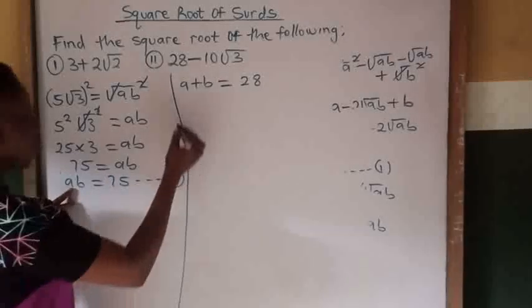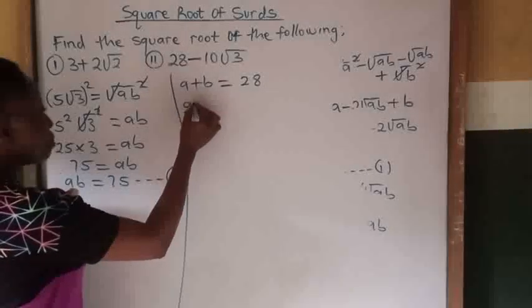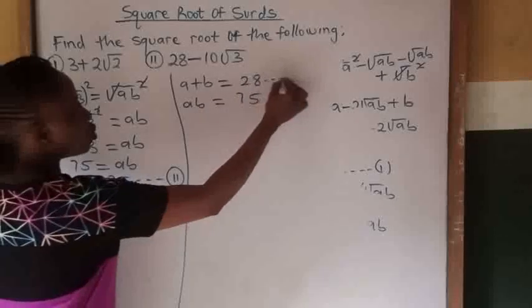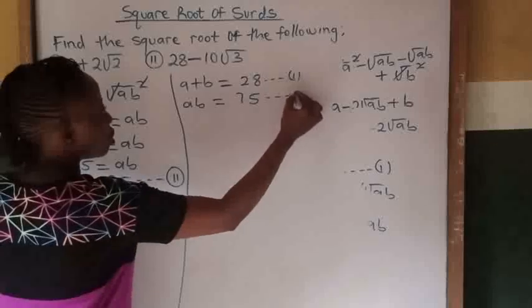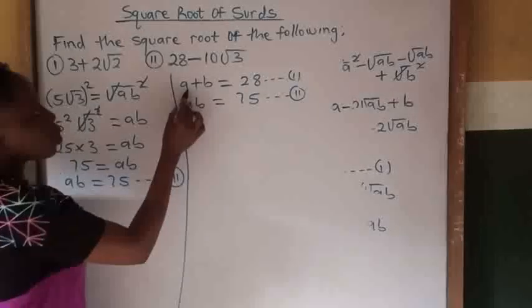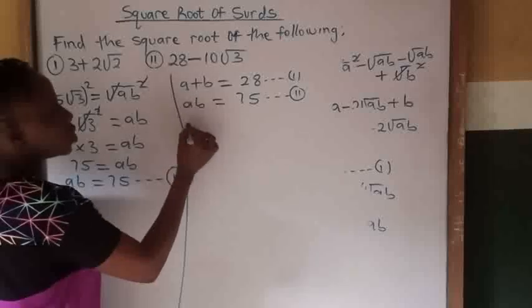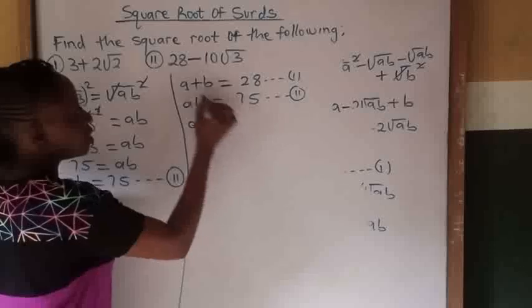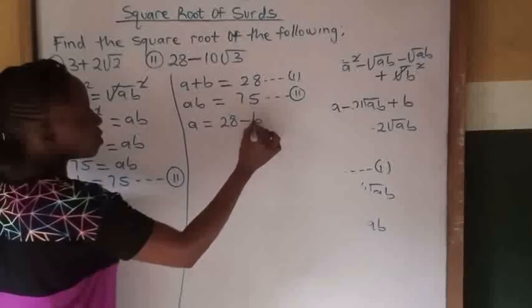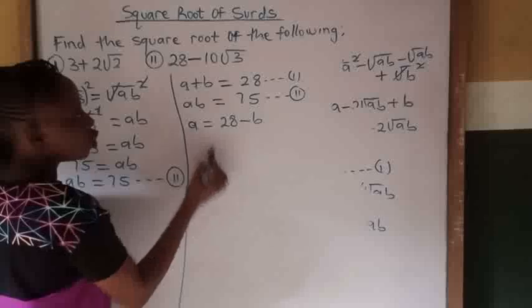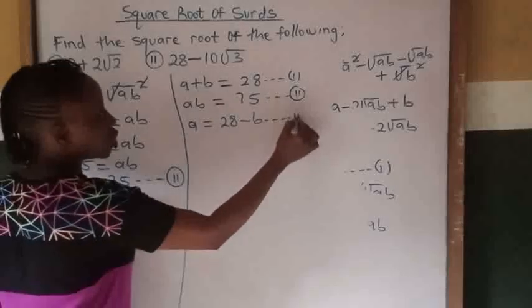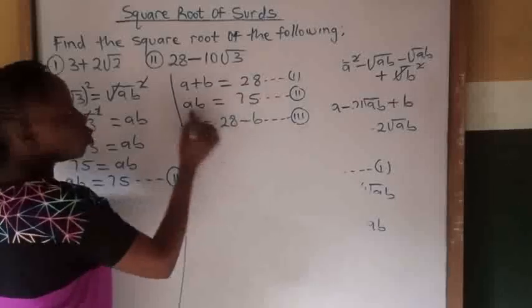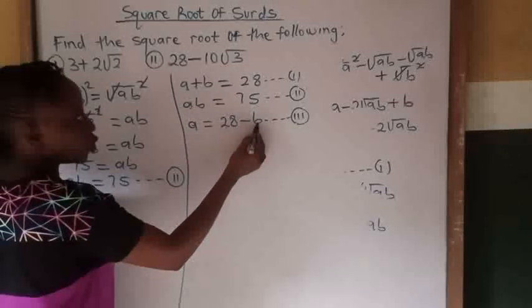Then our equation 2 here is ab equal to 75. So this is equation 1, this is equation 2. Now from equation 1 we can make a the subject of the formula. We are going to have a equal to 28 minus b. Let's call this one equation 3. So we are going to substitute equation 3 into equation 2. We replace a here with 28 minus b.